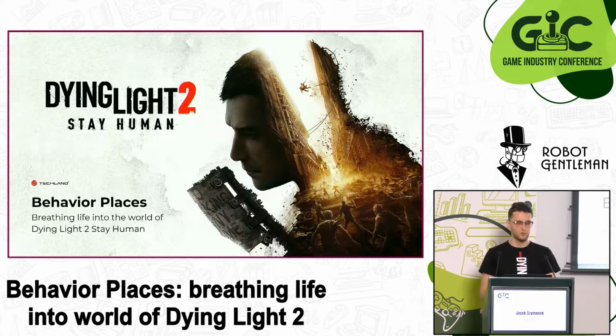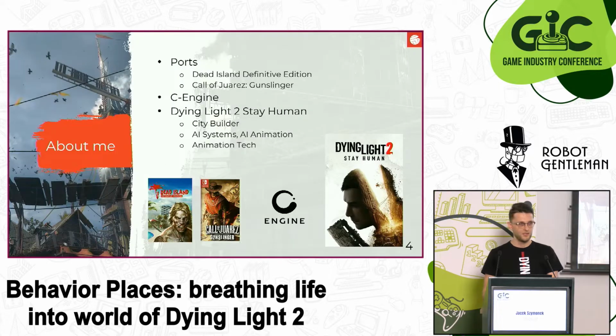I joined Techland shortly before the production started, and during my 6 years in the company, I was part of a few teams. Initially, I worked on shipping the Linux port of Dead Island Definitive Edition and on the Nintendo Switch port of Call of Juarez Gunslinger.